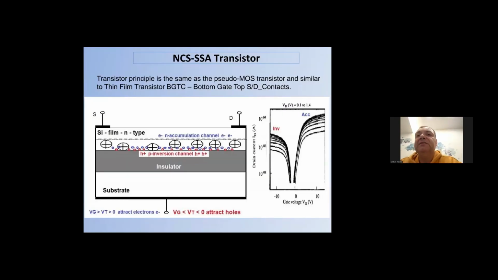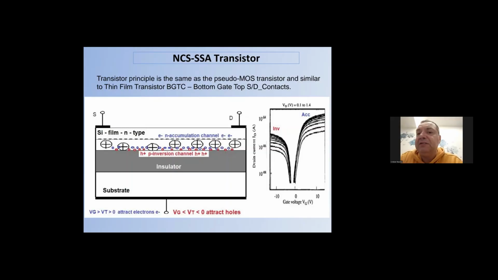Here is the principle of operation of the nanocore-shell sulfosalicylic transistor based on the pseudo-MOS configuration. Practically, the pseudo-MOS configuration in cross section looks like in this picture. We have a film for pseudo-MOS, usually a silicon film, N-type for instance, placed on an insulator, and under the insulator we have the substrate, which is usually also silicon.